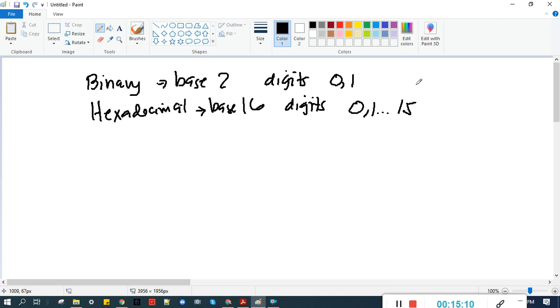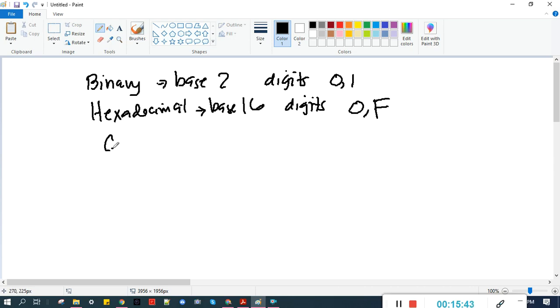Or no, this is for the decimal equivalent, but the digits are actually 0 to F: 0, 1, 2, 3, 4, 5, 6, 7, 8, 9, and then A, B, C, D, E, F. Those are the 16 digits of the hexadecimal number system.